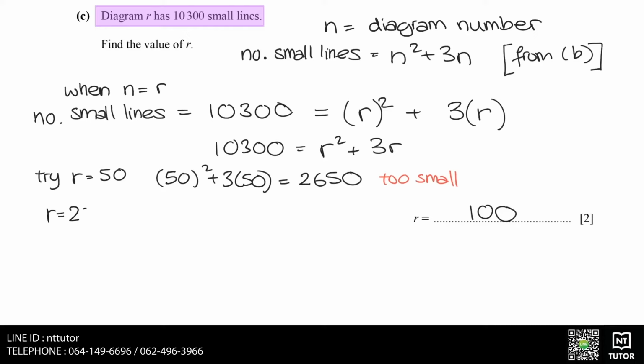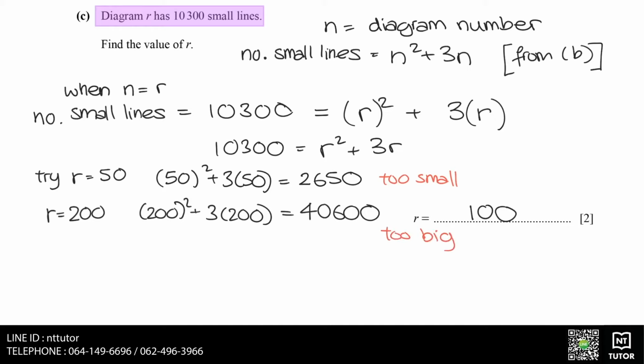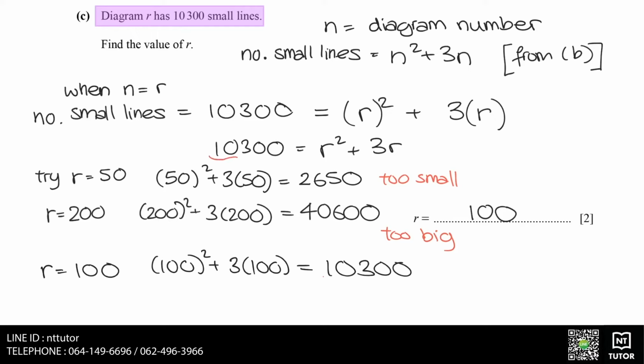Then, if we try substituting r equals 200 into the expression, we get 40,600, which is too big. Therefore, we want to try something that's smaller than 200 but bigger than 50. So if we try r equals 100 and substitute it into the expression, we get exactly 10,300. Therefore, r equals 100 is the answer.